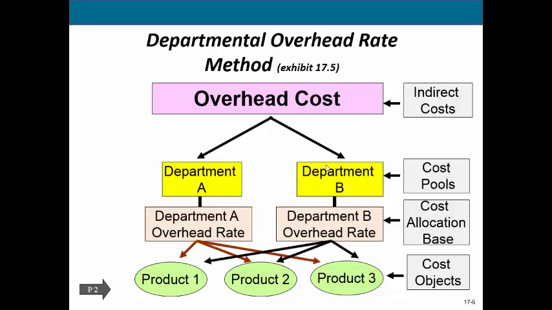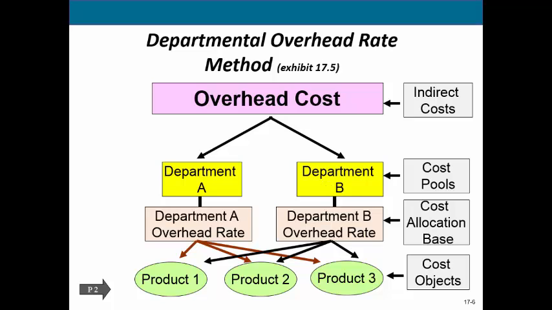And then we'll allocate our overhead based on the overhead rates for each department. So the math here is still going to be the same. Once we divide our overhead costs into our various departments, all we do is then once again calculate an overhead rate for each department and allocate our overhead based on our driver.